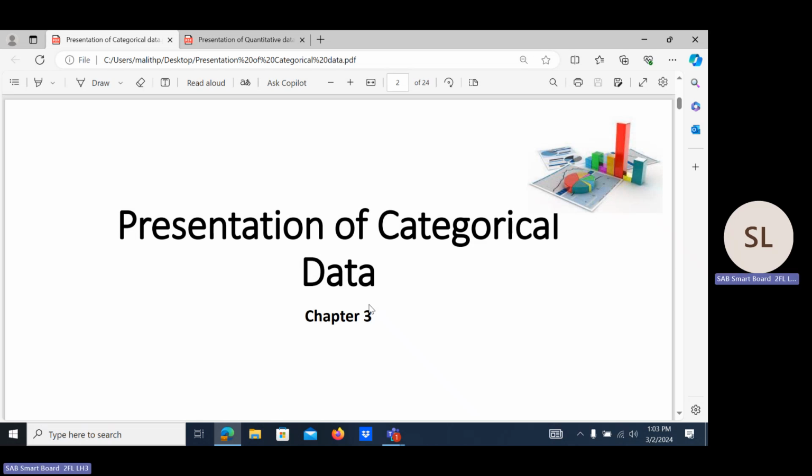Quantitative variables can be divided further. What are the two kinds of quantitative data? Discrete and the continuous.